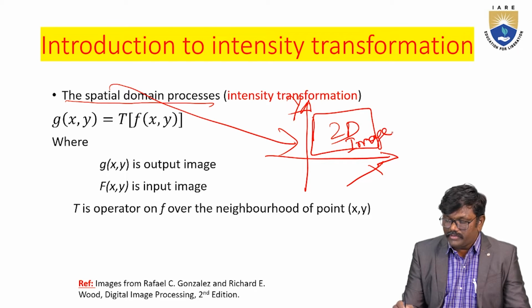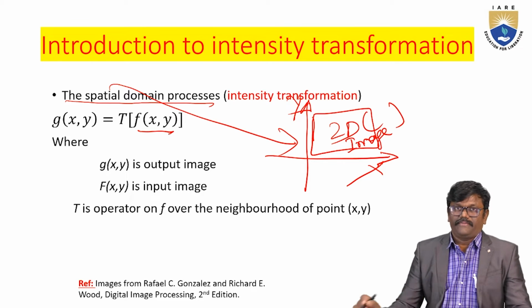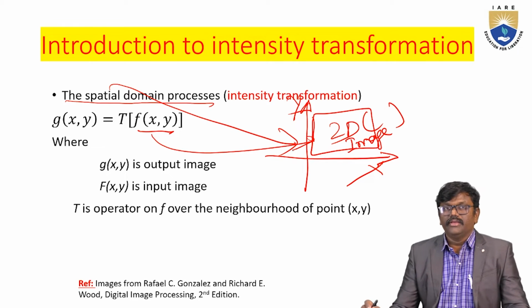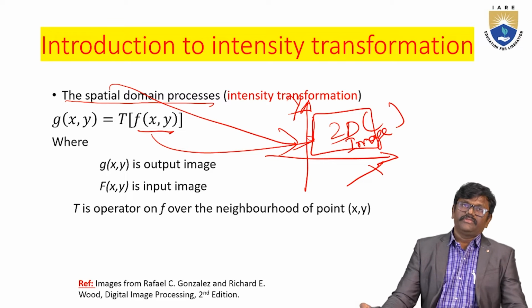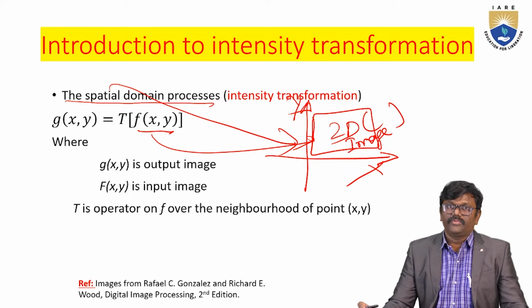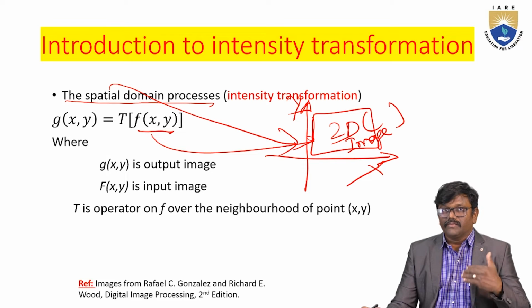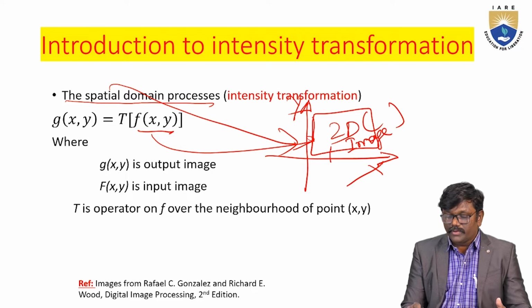It helps us define this in terms of f of x comma y. This f of x comma y is the image in terms of the spatial domain, the spatial aspect. We can say simply it is Cartesian coordinates, which give the coordinates of the x value with respect to y.